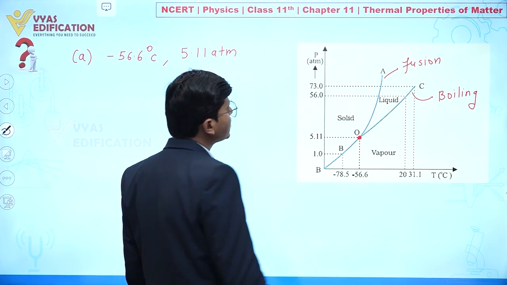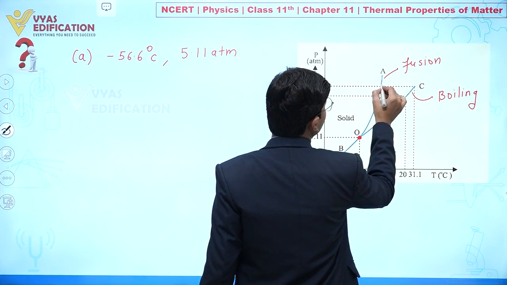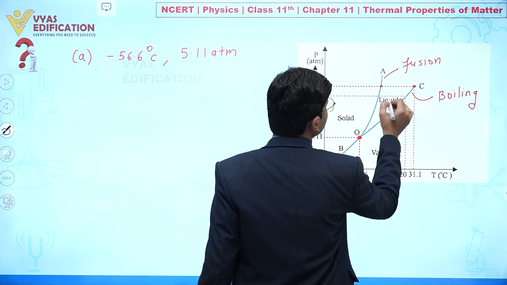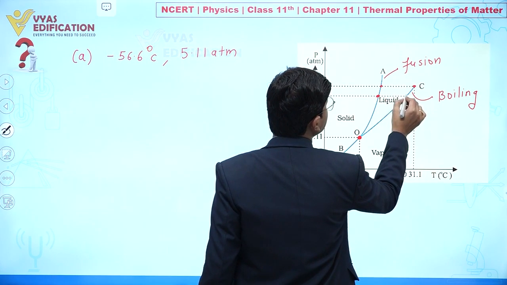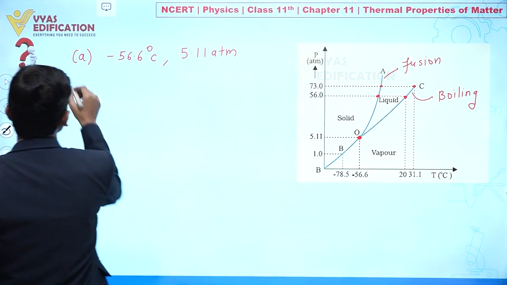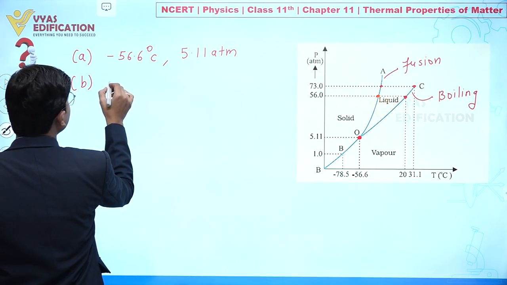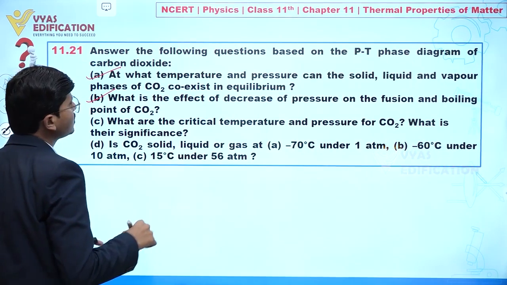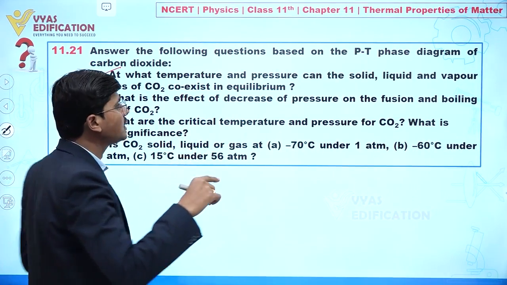Clear? Now you can say, if we are decreasing pressure, let's suppose if we are talking about this point and this point. Clear? Now if you are decreasing pressure, at the same time you can see temperature is also decreasing. Clear? So in this case I can say, if I decrease, clear, what is the question? What is the effect of decrease in pressure?